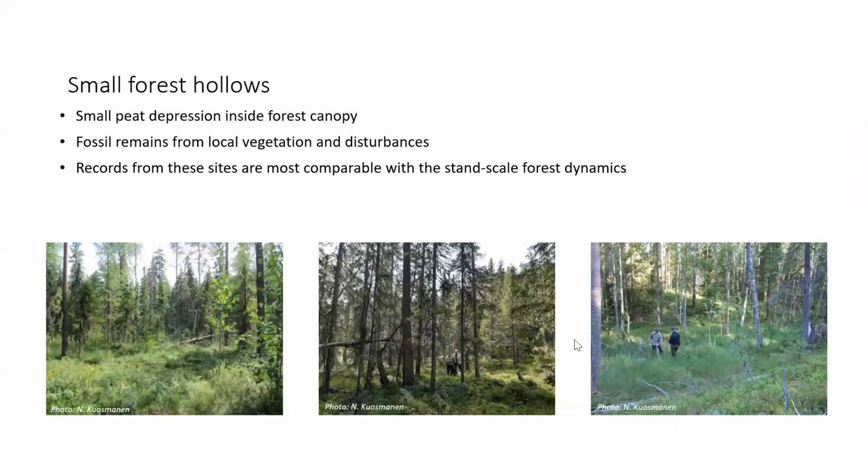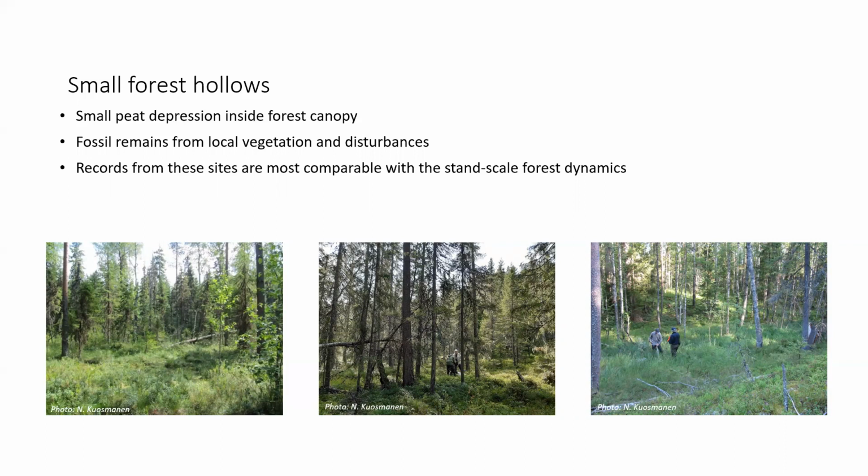Then if you want to study very local, small scale development of a forest, you can take a sample from a small forest hollow, which is basically also usually a peat core. It's a small peat depression in the forest. The idea here is that the pollen is not transported from long distance, but it's more local and trunk component.